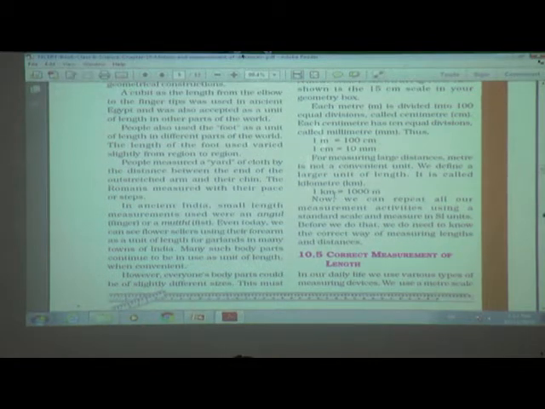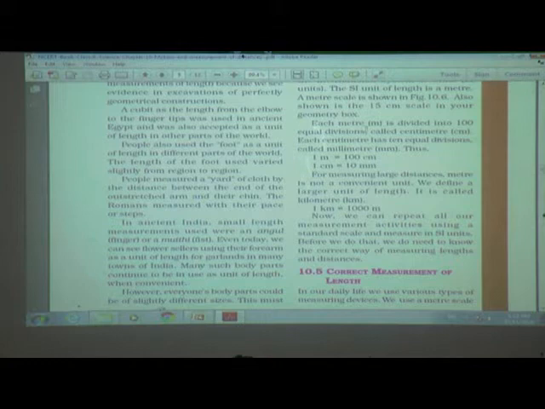Now each meter, we can write M for it, is divided into 100 equal divisions called centimeter. So all of you know that 1 meter is equal to 100 centimeter. Very good students, that you have already studied in your math subject. Each centimeter has 10 equal divisions called 1 millimeter. So thus 1 meter is equal to 100 centimeter and 1 centimeter is equal to 10 millimeter.